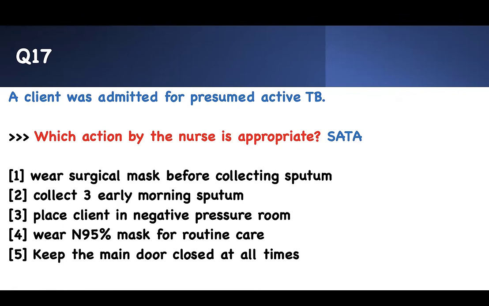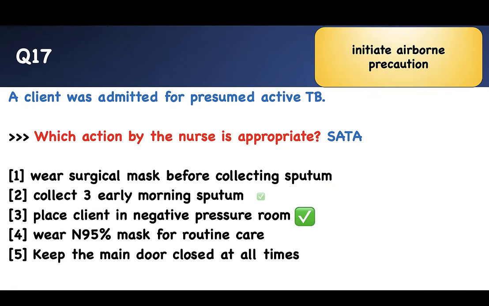You know your content that airborne needs negative airway pressure. Of course, an N95 mask is good. Keep the door closed at all times. Hey, it's airborne. We have to keep everything inside. That's why we have the patient in negative air pressure. Therefore, you know that these are all right answers except number 1.